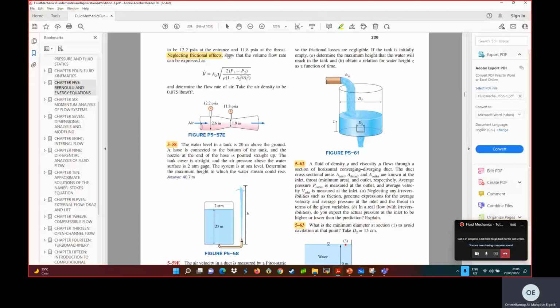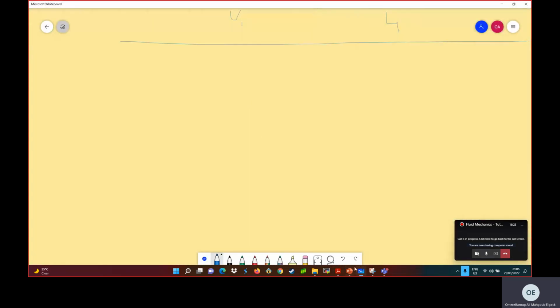Okay, so anyhow, what's the question? Show that the volume flow rate can be expressed using this equation. Okay, I will just solve this part and then the second part is just to substitute, because he's giving you everything here, just substitute. So now I will only care about how to find this relation of the volumetric flow rate.